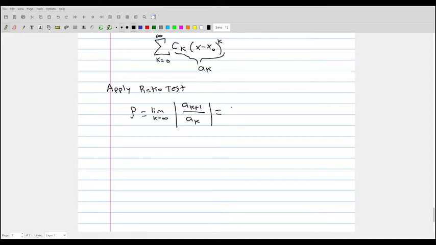This is the same thing as the limit as k goes to infinity of the absolute value of c k plus 1 times x minus x naught to the k plus 1 over c k times x minus x naught to the k.